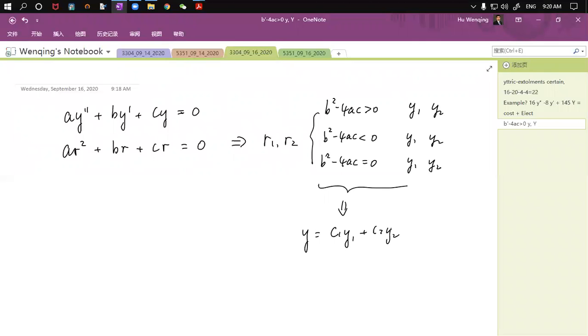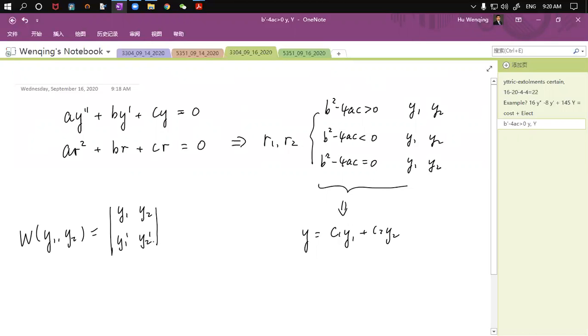In order for these solutions to be really fundamental, it is sufficient to take the Wronskian W of y1, y2. Remember, the first row is the functions, the second row is the derivatives.